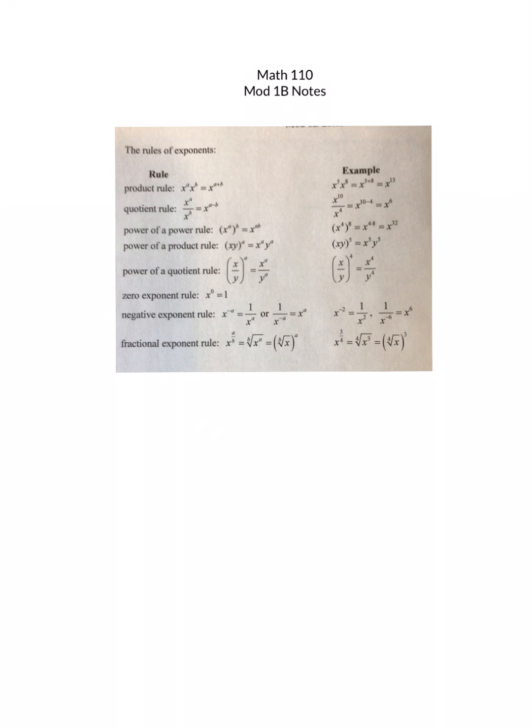You move the item that has the negative exponent to the opposite position of the fraction. So that would become 1 over x to the a. On the other hand, if you had 1 over x to the negative a and you wanted to make it positive, you would move it up to the top and make it x to the positive a.